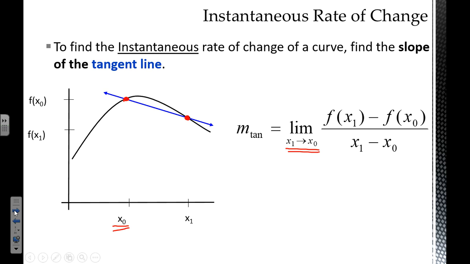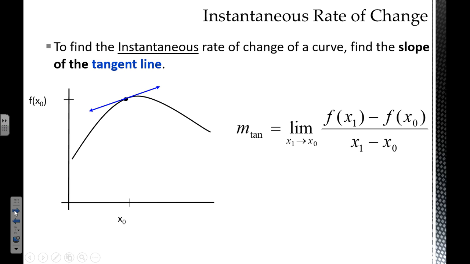That's what's happening. So watch my picture. As we take the limit as x1 approaches x naught, those 2 points get closer and closer together until what's going to happen? Until we get our tangent line.